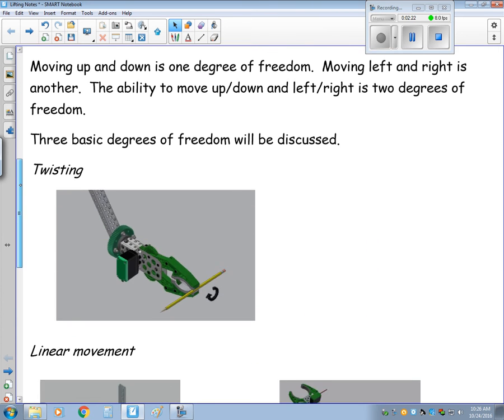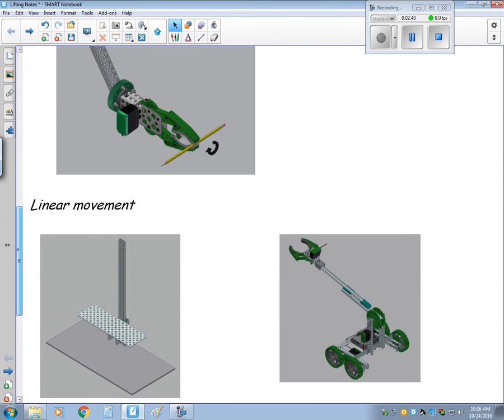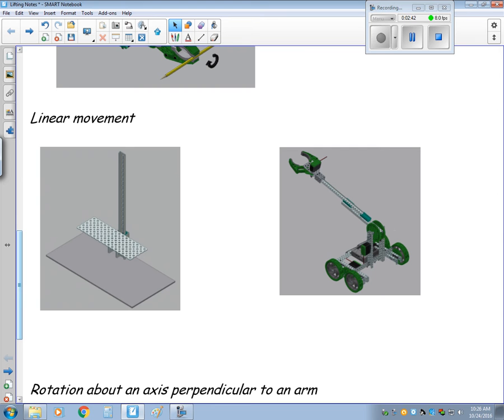So the ones we're going to discuss, basically there are kind of like 3 that we're going to discuss. First is twisting. So this would be like rotational along an x or a y, if you will. The second is linear. And there's different ways of doing linear. We can have like this elevator platform here, which can move up and down.